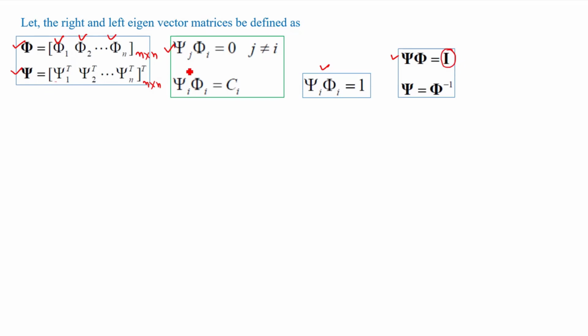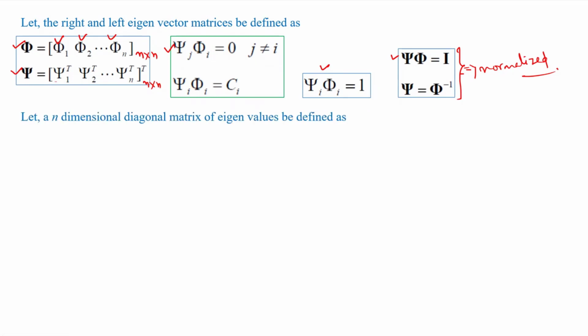Therefore, I can write that the psi matrix, the left eigenvector matrix, is equal to the inverse of the right eigenvector matrix. This is valid under the normalized condition. That means when the eigenvectors are normalized, psi is equal to phi inverse.